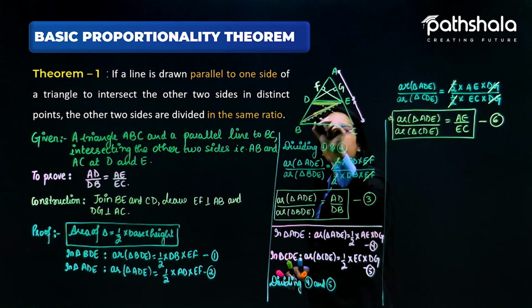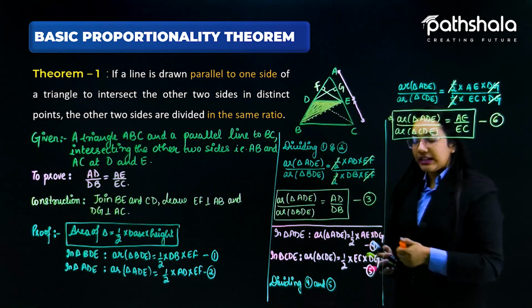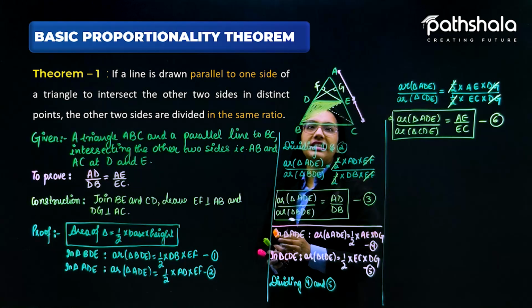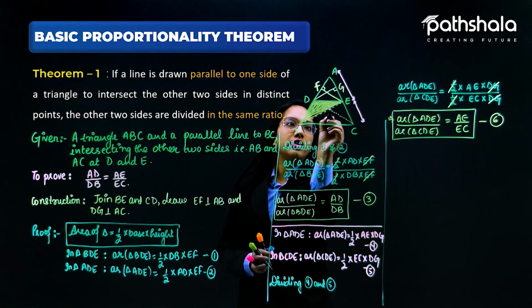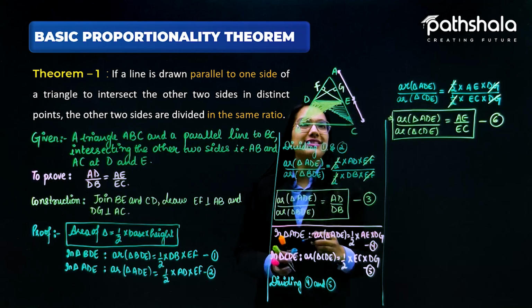So this is my very first triangle, the triangle BDE, and the second triangle is CDE. This triangle is CDE.